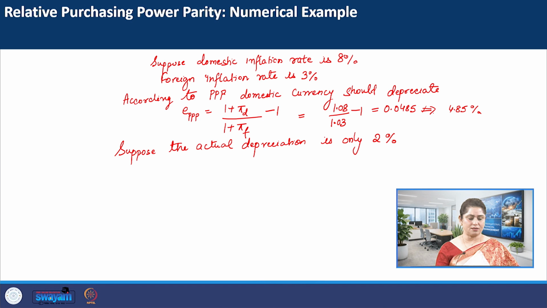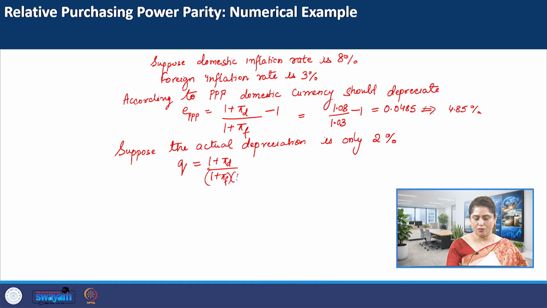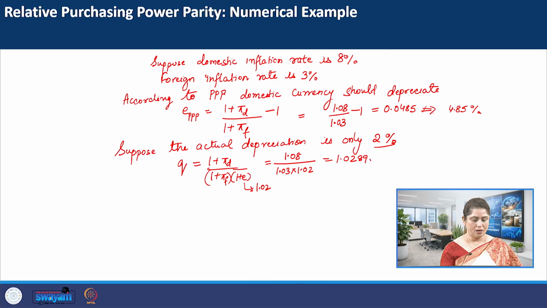Now, let us calculate the value of Q. Here Q is equal to 1 plus pi d upon 1 plus pi f, into 1 plus E. Here E is how much? E is 0.02, depreciation is 2%. So if we put the values, it is going to be 1.0289.